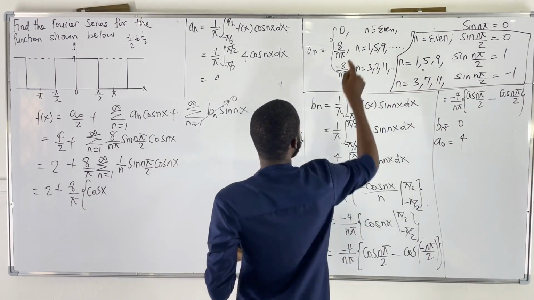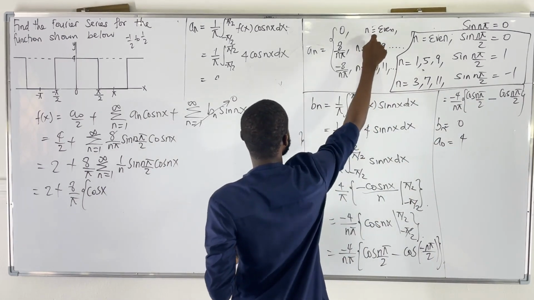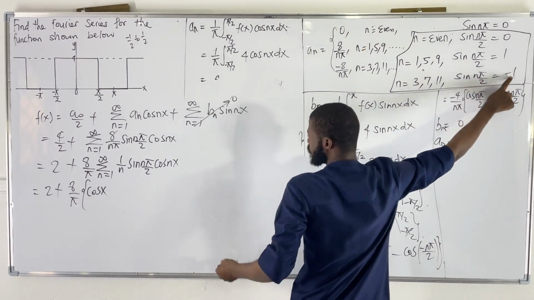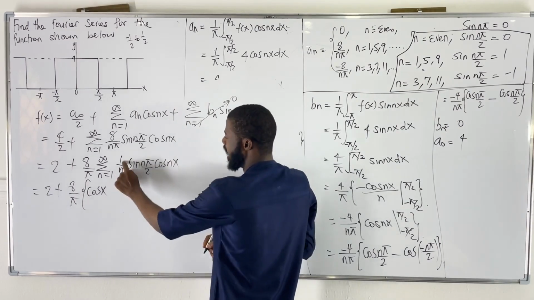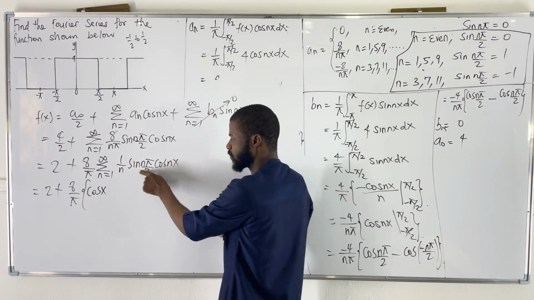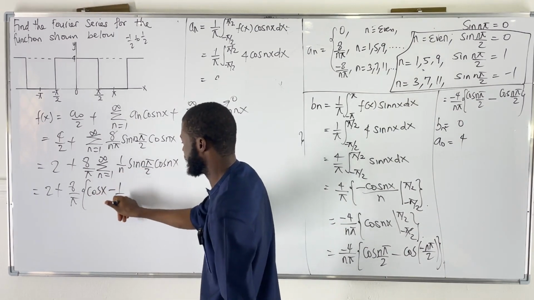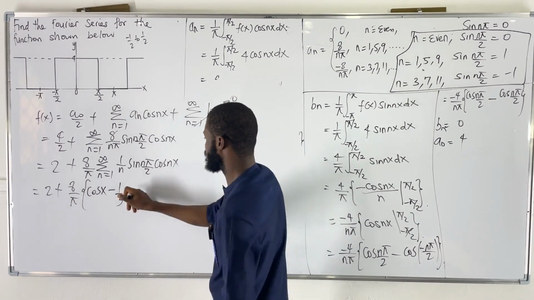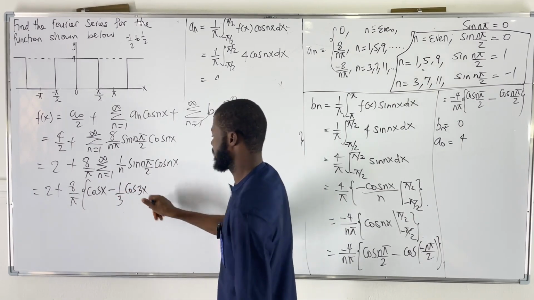Next part, I would have said 2, but 2 is even, so the next part will be 3. The sine value for 3 is minus 1, so this becomes minus 1 over 3 cos 3x.